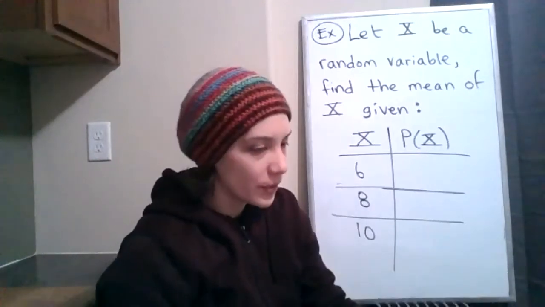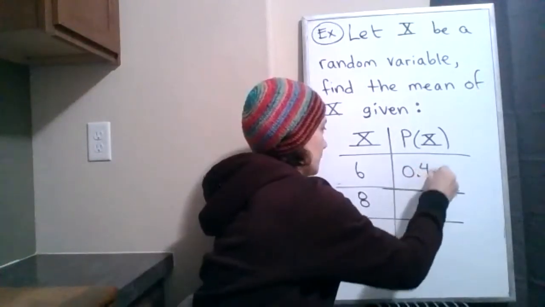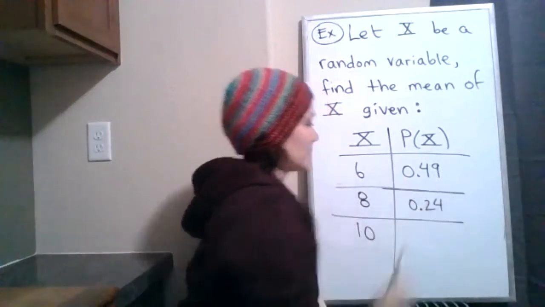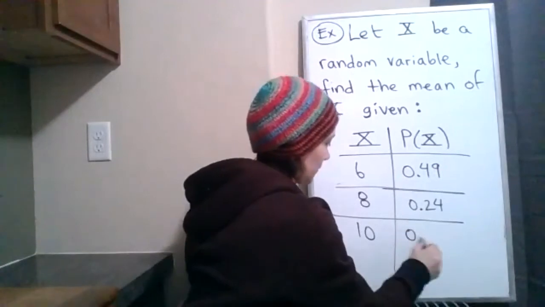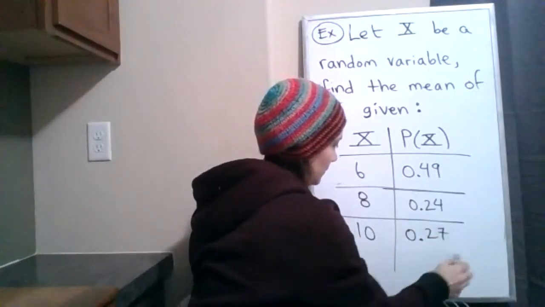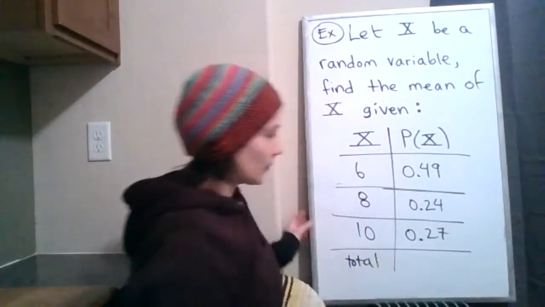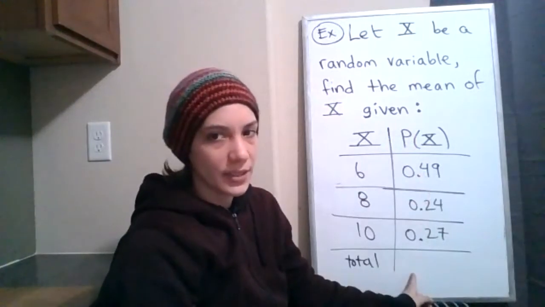Probabilities are 0.49, 0.24, 0.27. And I mentioned before, this side should have a total of 1 every time.